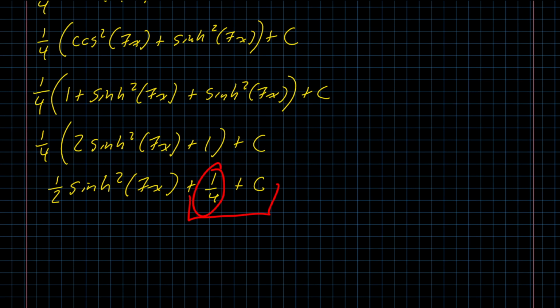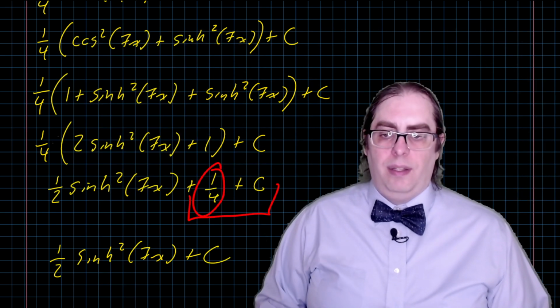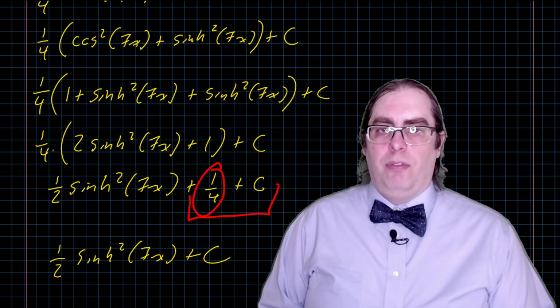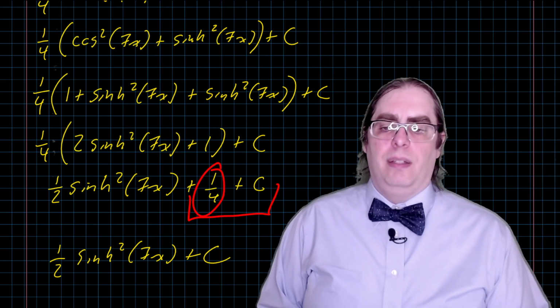But we can merge all of that stuff together and we can call this 1/2 times sinh squared of 7x plus c. That is a long way to go for what really amounts to nothing.